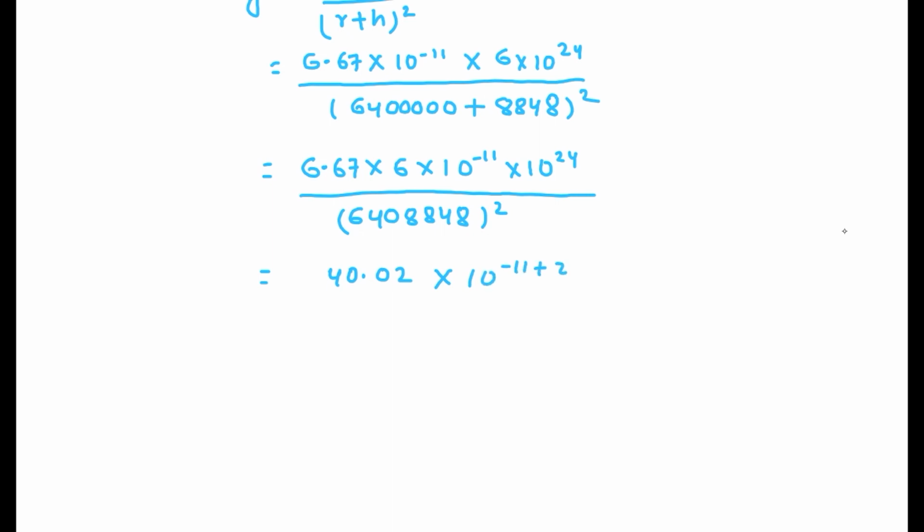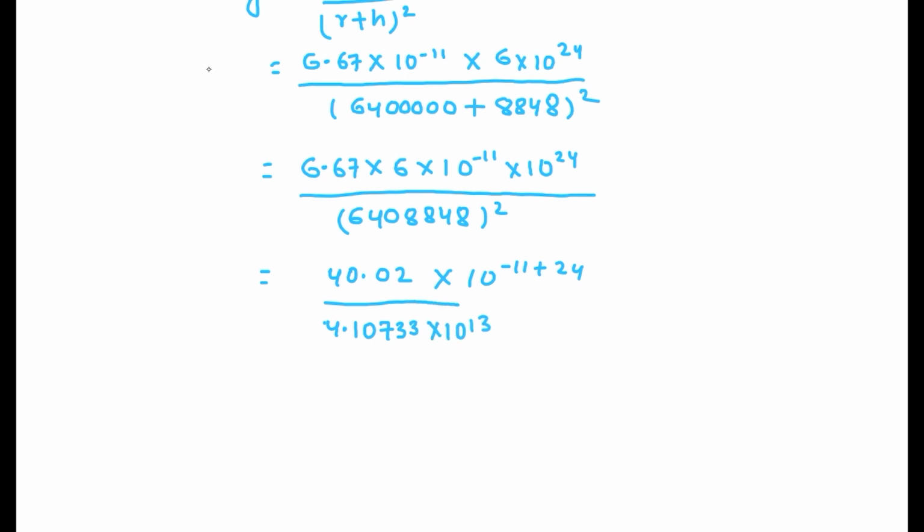Then this 6408848 whole square, when we multiply this twice, then we get 4.1071073 into 10 to the power 13.